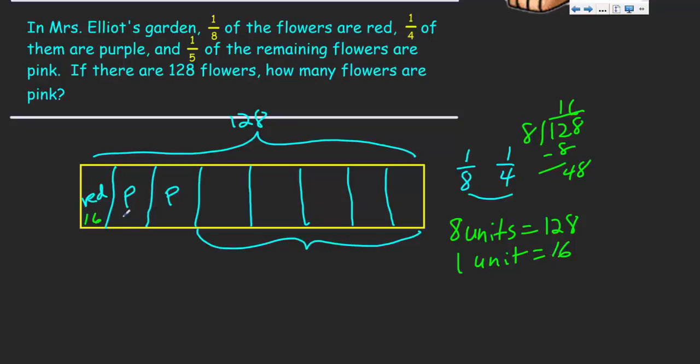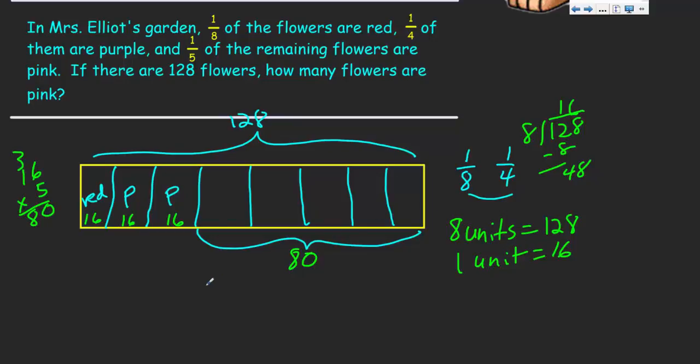Each unit here, we could write 16. Since we know that each unit here is 16, what would 5 units be equal to? 5 units times 16, which we've done before, is equal to 80. So those 5 units out of the 8 units altogether is equal to 80.